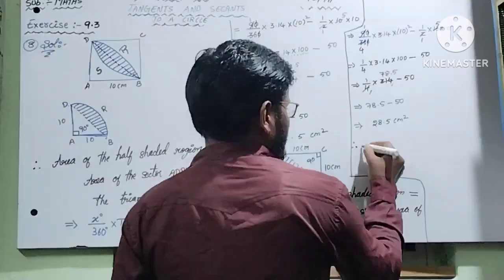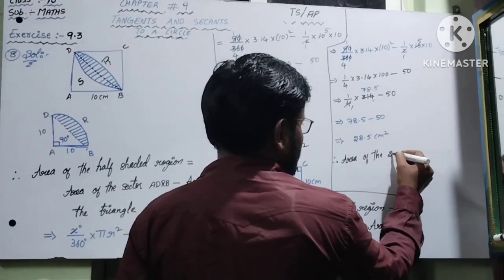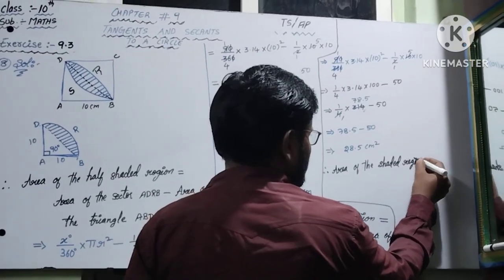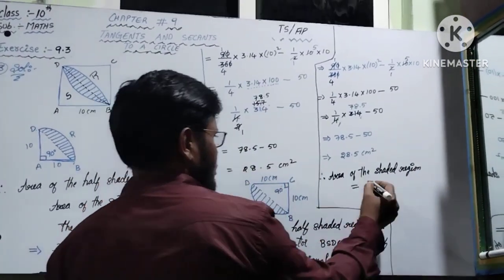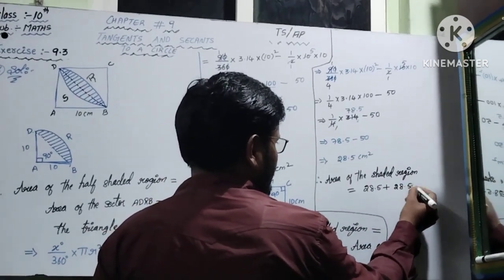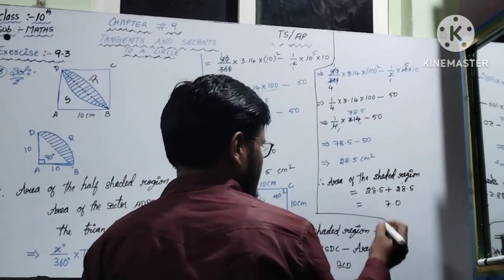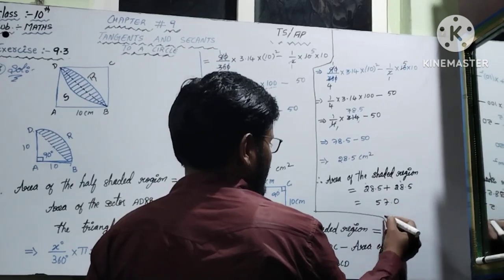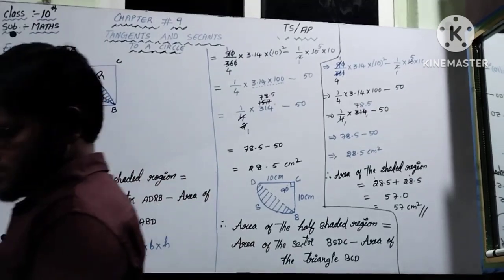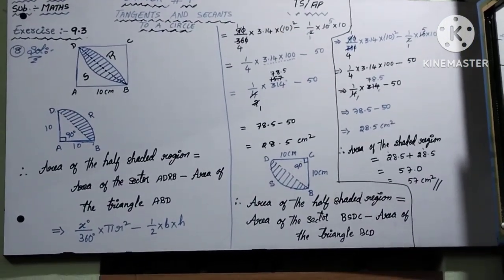So area of the shaded region: first half part is 28.5 plus one more half part is 28.5. 5 plus 5 is 10, 8 plus 8 plus 1 is 17, 2 plus 2 plus 1 is 5. So I got the answer 57 square centimeters. Area of the shaded region is equal to 57.